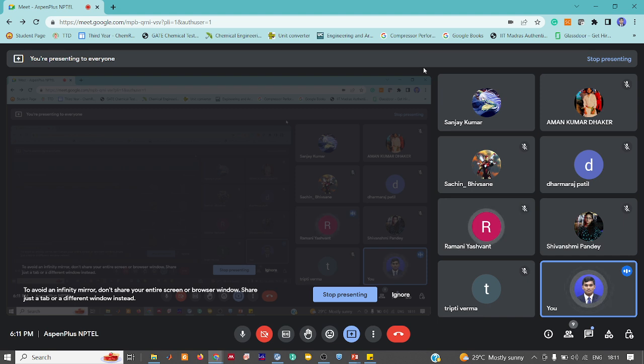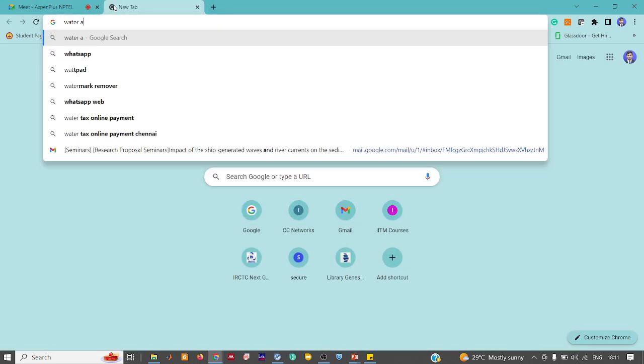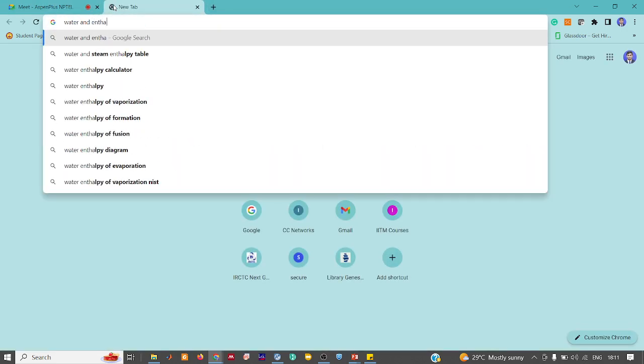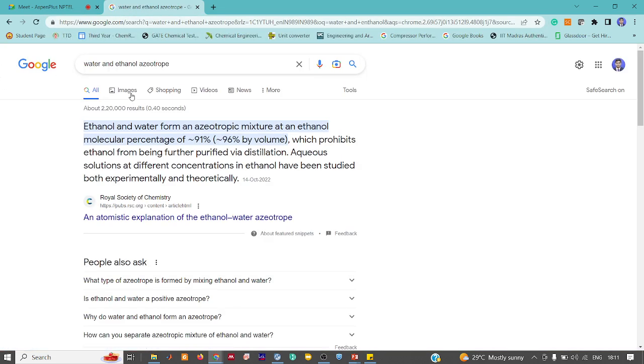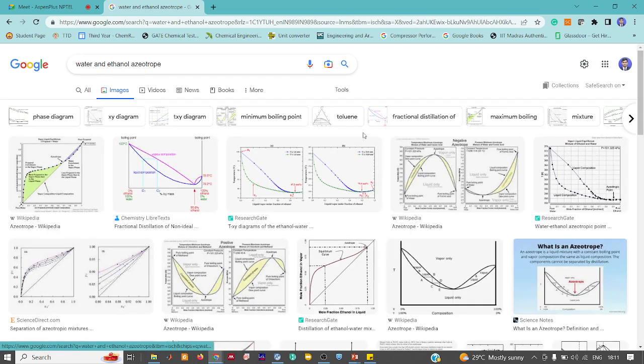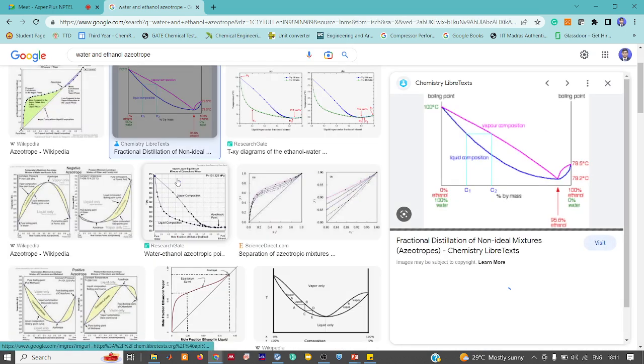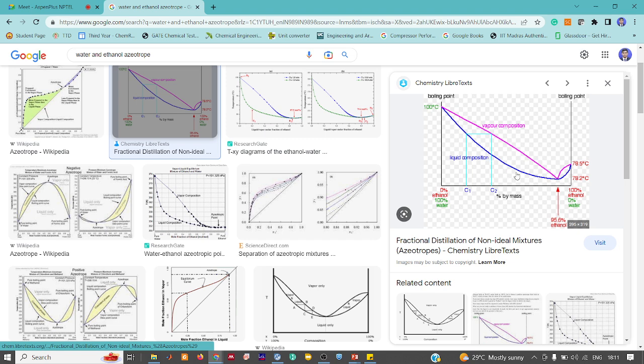So if I have a homogeneous azeotrope where I have a VLE mixture, let me show you an example on the internet itself: water and ethanol. If you see the TXY diagram of water and ethanol, it will be like this.